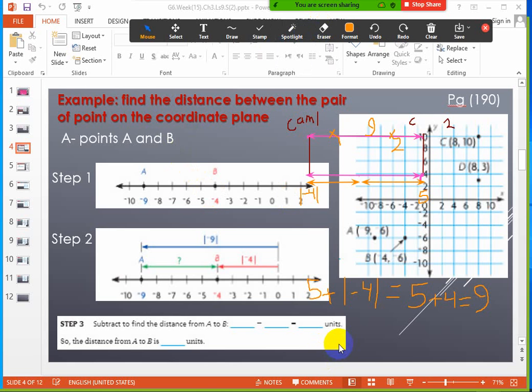Let's see now example on page 190. Okay, in this example, I will erase those. Okay, just 1 minute.